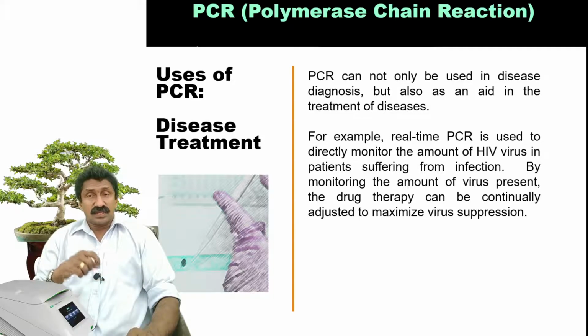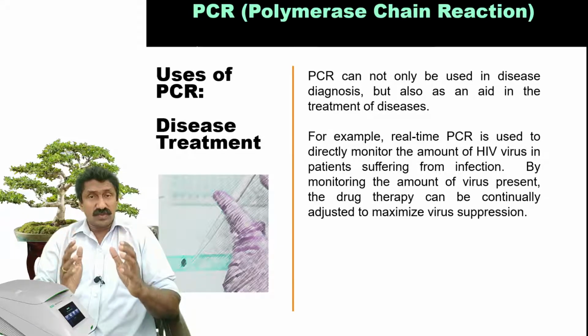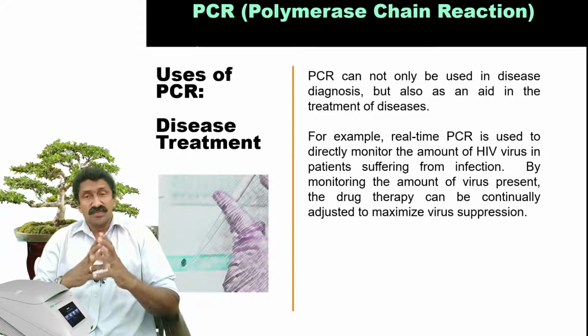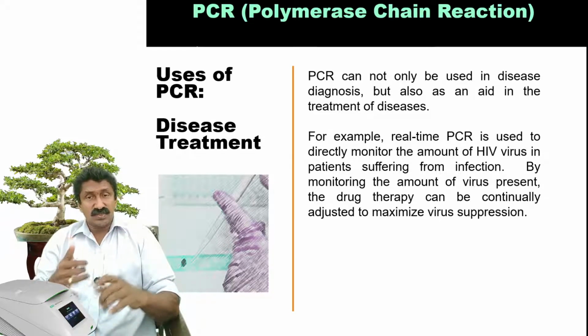Disease treatment is also another aspect. PCR can not only be used in disease diagnosis, but it also aids in the treatment of diseases. For example, real-time PCR is used to directly monitor the amount of the HIV virus in a patient suffering from infection.